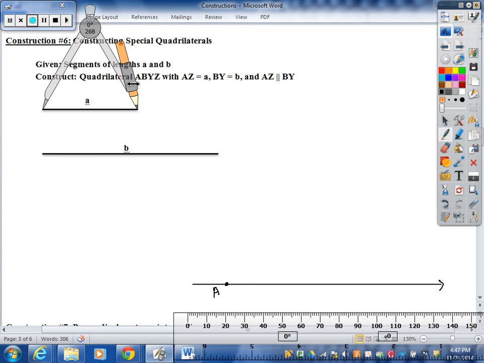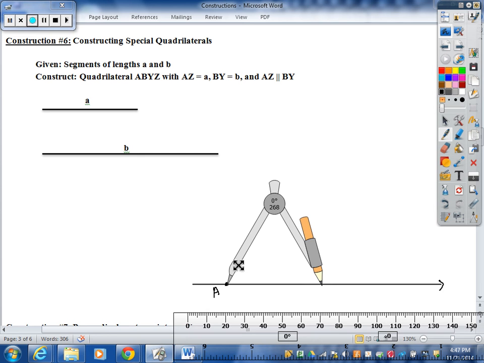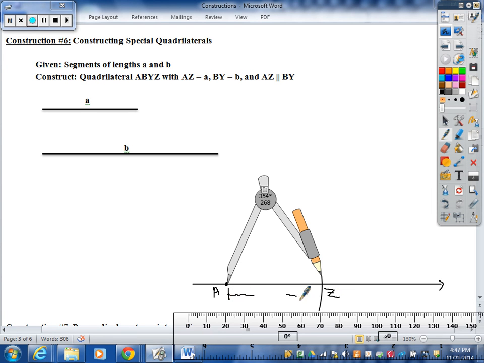So this is going back to the very first construction that we had tonight, transferring that same length all the way down here to our picture. Now you want to make sure that you make a mark big enough that I can see that they transferred it over, and you can label that point Z. And if you want to validate it to yourself, you can say, yep, that length is the length of A.